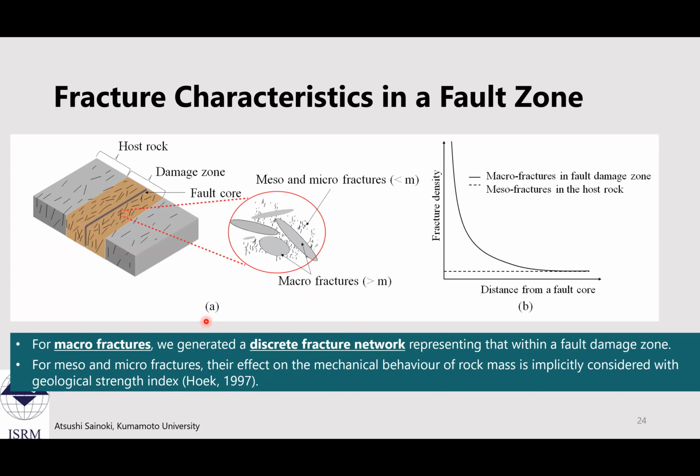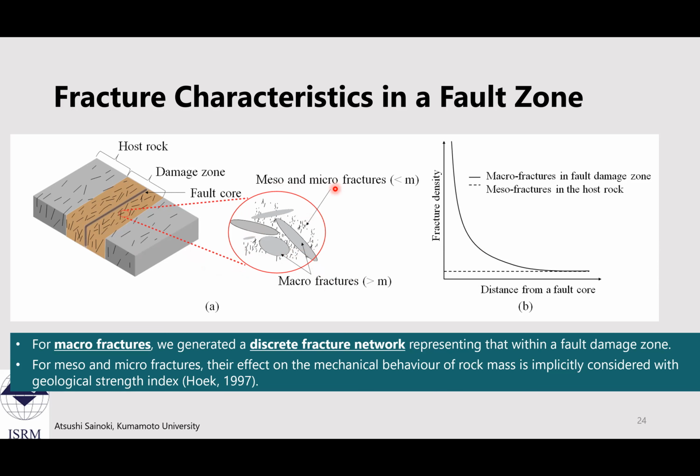First, in order to generate a discrete fracture network, we have to determine the characteristics of this fault damage zone. For this purpose, we classify the fractures in the fault damage zone into macro fractures and meso and micro fractures.